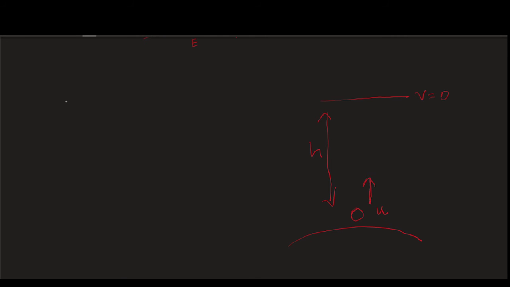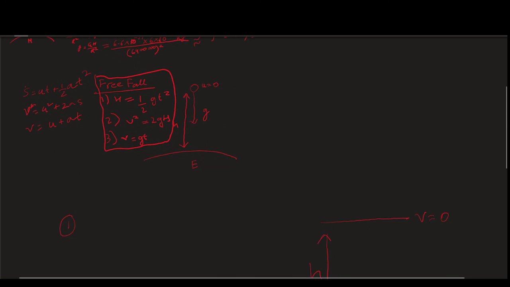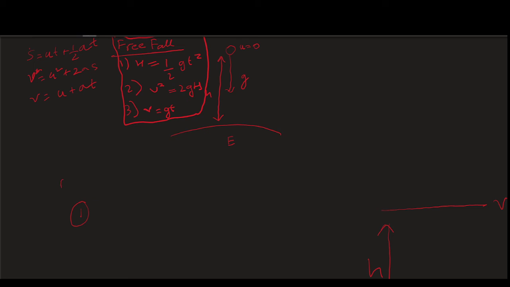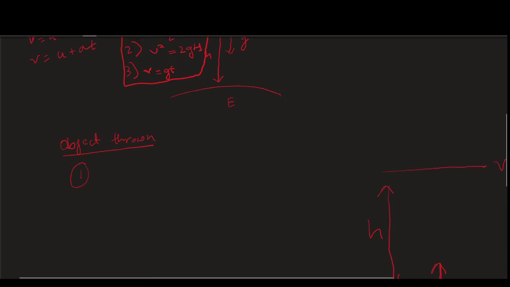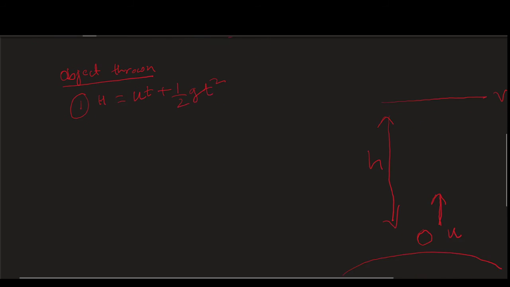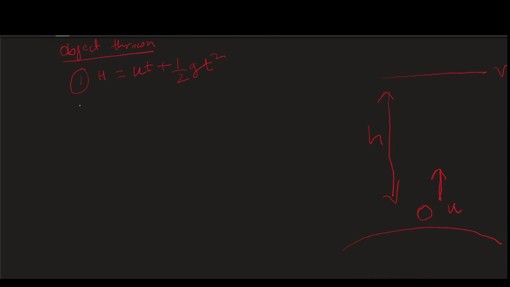Again, here we will write object thrown. It will be h equal to ut plus half gt square. Here t is the time taken to reach the height h.